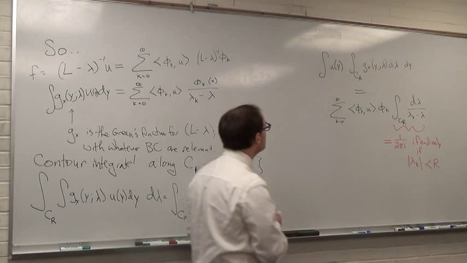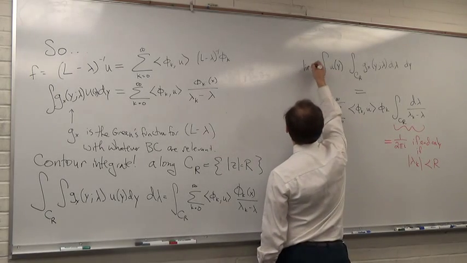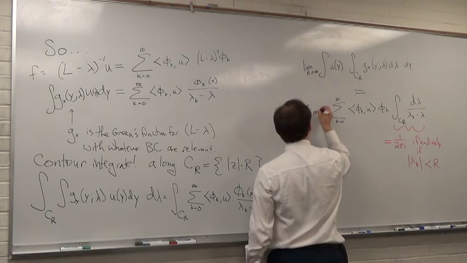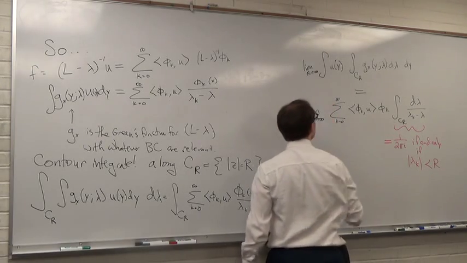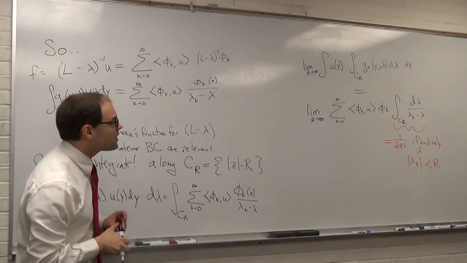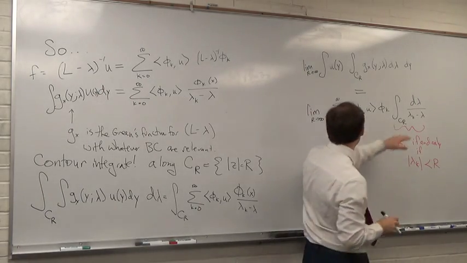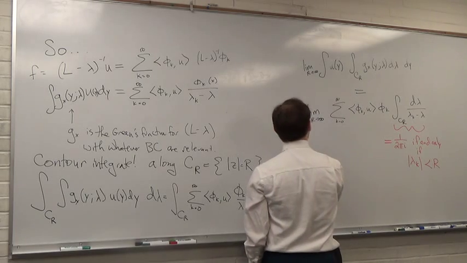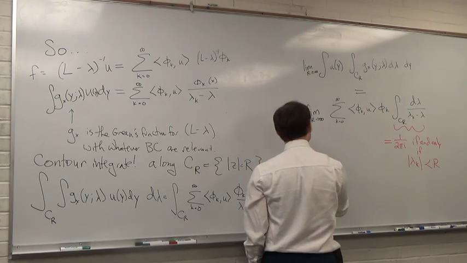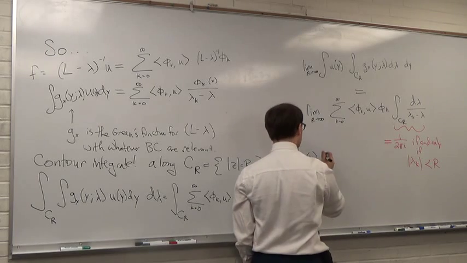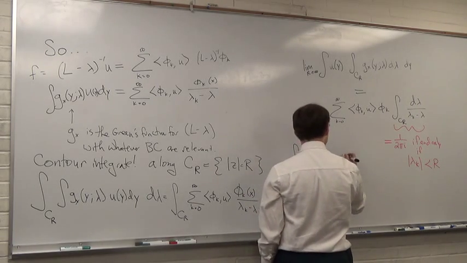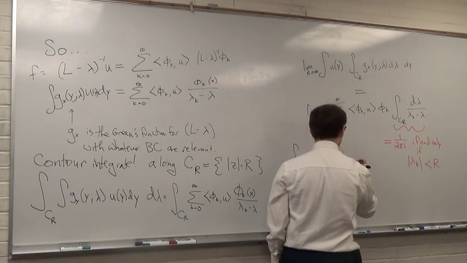Exactly. So the right thing to do here, that's why I wrote the equals in the middle, is to take r to infinity. Then this thing is always equal to 1 over 2 pi i. Let's see. And I'll bring that in there. So I get something that looks like this integral times the limit as r goes to infinity.